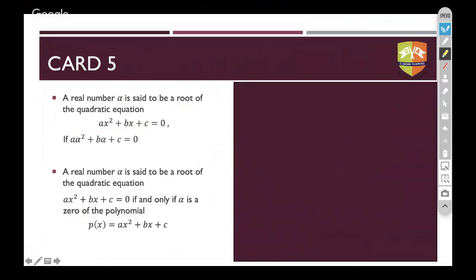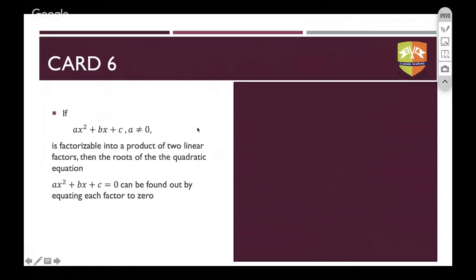Let's go to the next slide. Next slide is, yeah. So, if ax square plus bx plus c, a not equals to 0, is factorizable into a product of two linear factors, then the roots of the quadratic equation can be found out by equating each factor to 0.